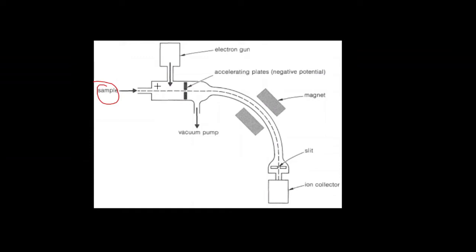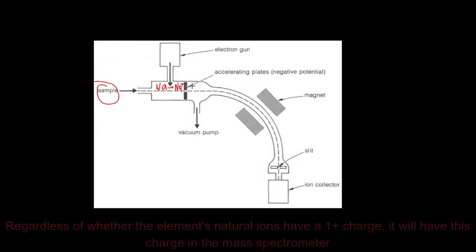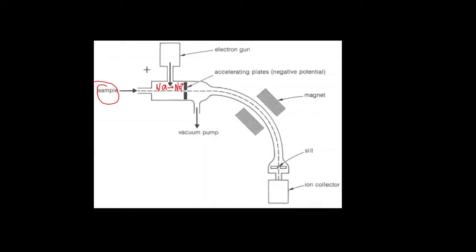Let's say it is sodium. This sodium is going to go through this passageway, and it is usually going to become ionized to a 1+ ion. That process is called ionization, and that is process number 1.